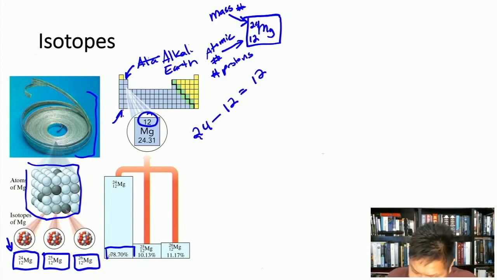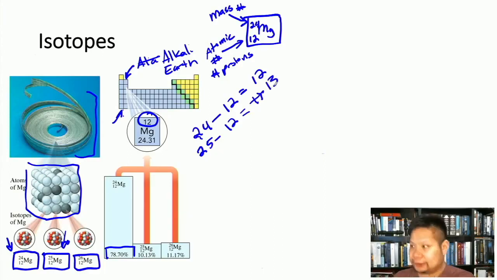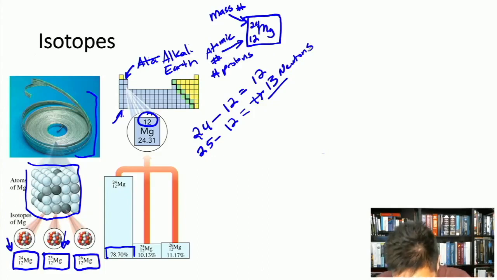The second one right here says 25, so that's its mass number, minus 12 for its number of protons, right, equals 13. Sorry, that's the number of neutrons. 13 neutrons, right? So that's an isotope of magnesium.